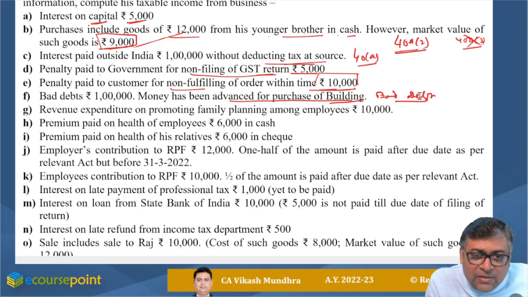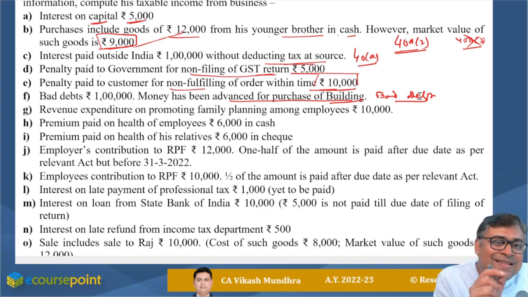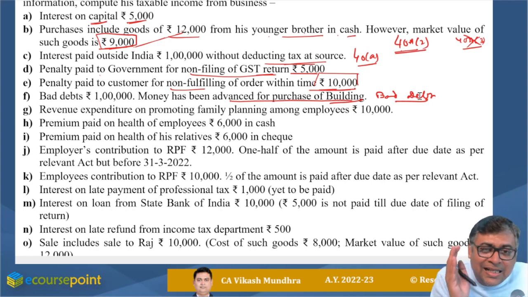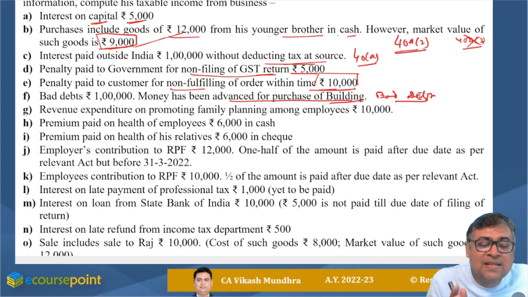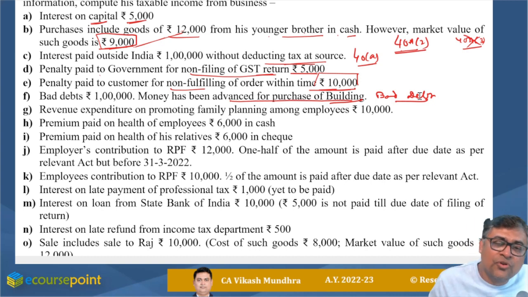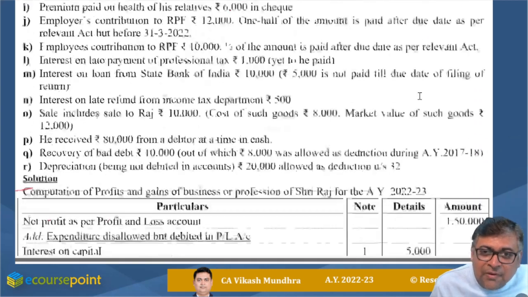If it is a case of debtors, when I create debtors, correspondingly on the credit side of the PL I will book sale account. That means by crediting my PL statement, I am creating the debtors. But in case of advance for purchase, I'm not doing so. So this should not be considered as bad debt.